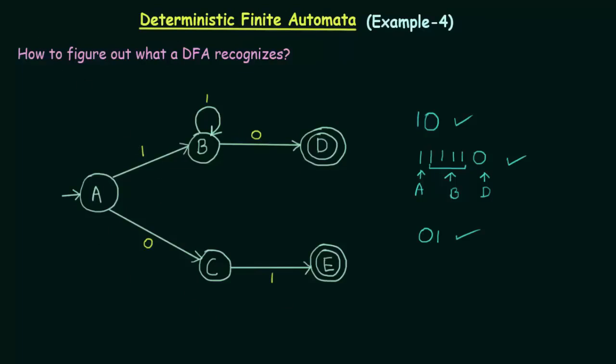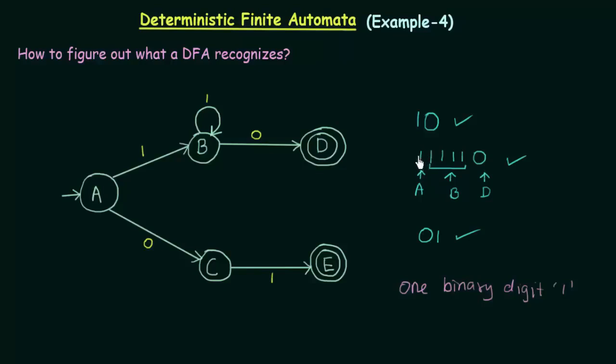I can say that this DFA recognizes the string 0, 1, or a string which contains at least one binary digit 1, followed by any number of 1s, followed by a 0.